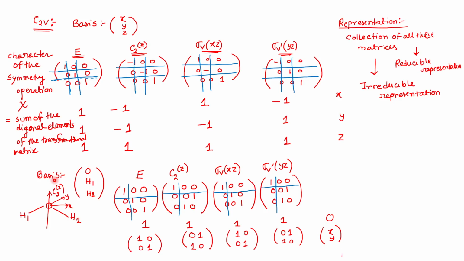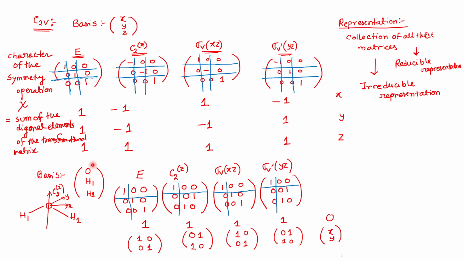First of all, in your basis, how many rows are going to be there if you take x y z for each of the atoms? Suppose instead of oxygen you are writing OX, OY, OZ. For H1 you write H1X, H1Y, H1Z, and for H2 you write H2X, H2Y, H2Z.